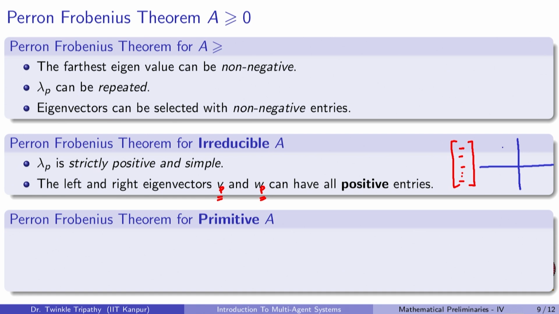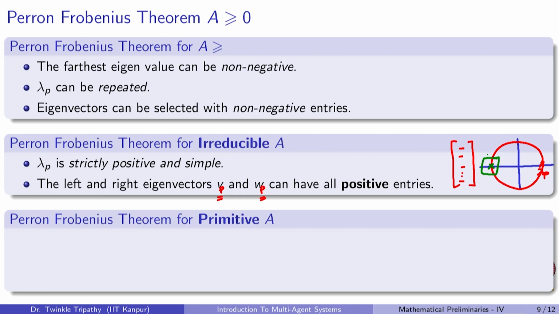So, we say that we have a lambda p, which is positive and simple, and now when we draw a disk or a circle with lambda p as the radius and the center being the origin, there can exist eigenvalues which lie on the circle itself, which cannot happen in the case of a positive matrix. Meaning irreducibility comes very close to positive matrices in terms of properties, but there are still properties in which it lacks.